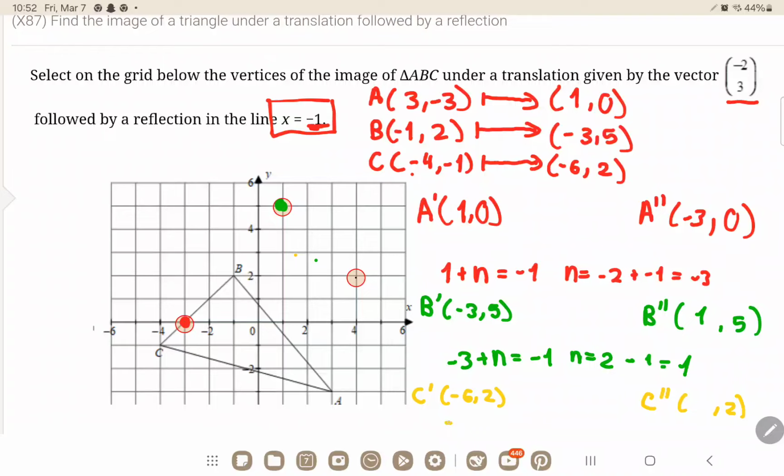So -6 plus n equals -1, and then n equals 5. 5 minus 1 gives you 4. And your last point is 4, 2. So making your triangle this. See what I mean when I said it needs focus? So this is our new triangle under a translation and under the reflection of x equals -1.